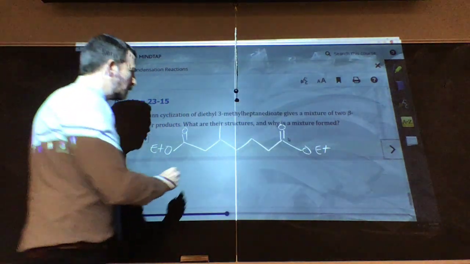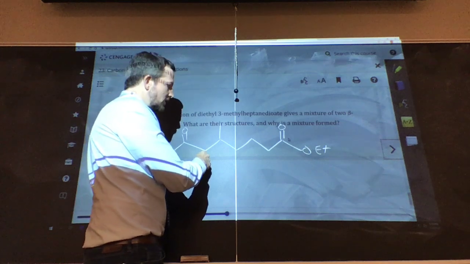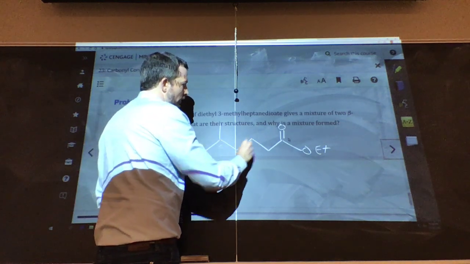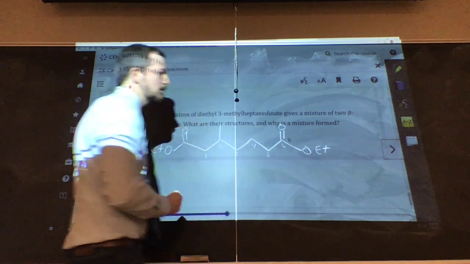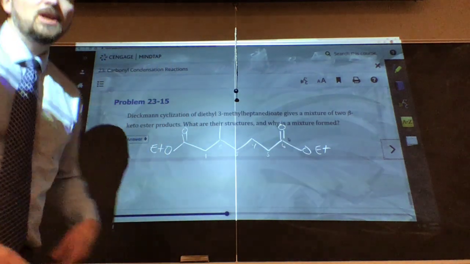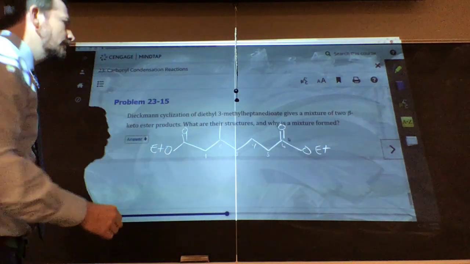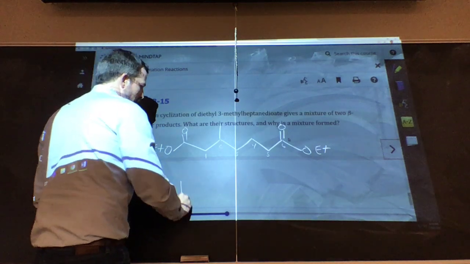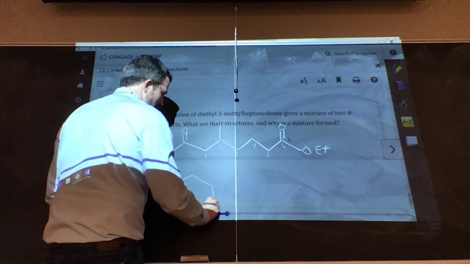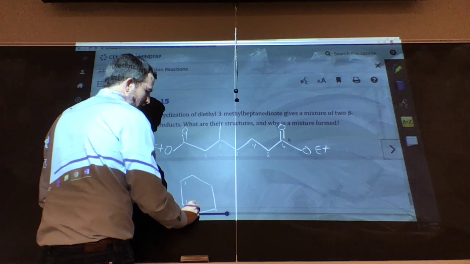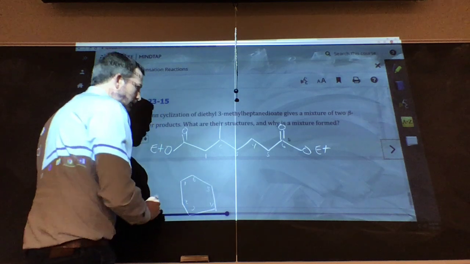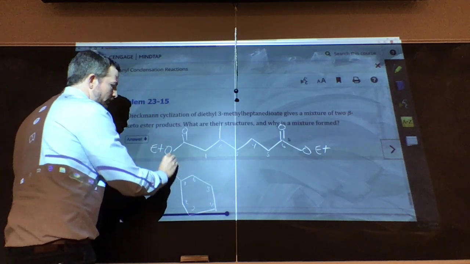So if I count from one alpha position to the next, I have 1, 2, 3, 4, 5, 6. Okay, so again, I can form a 6-membered ring. At 1, I have my ester group.